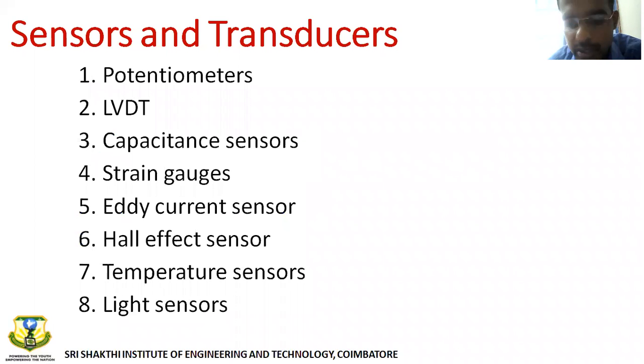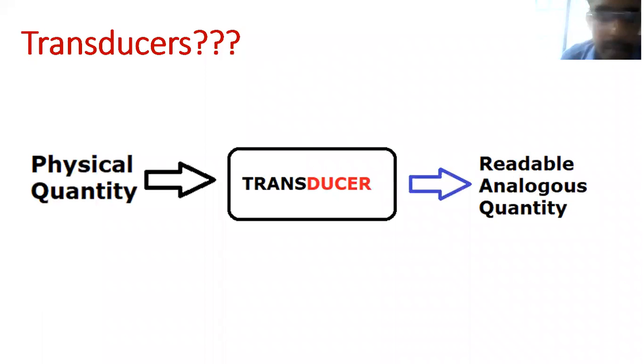Before going into the title, you need to know what a transducer is. Transducer is taken from the word transfer, and the other word is ducer, meaning subdue it or something like that.